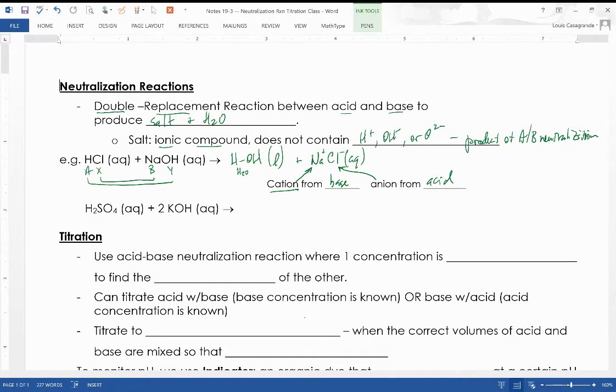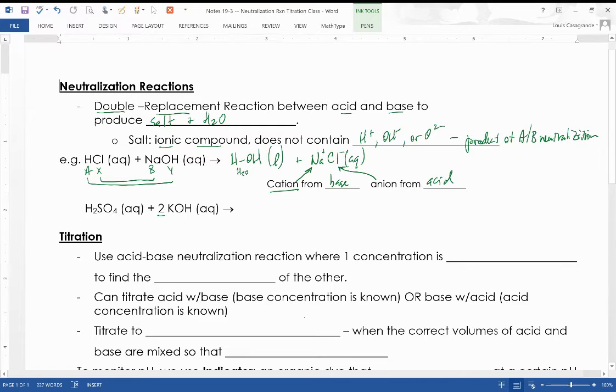Speaking of stoichiometry, we have another reaction, this time between sulfuric acid and potassium hydroxide. Now, I've already got the 2 in place there, which is going to tell you something about balancing this. When you balance these, and when you write these reactions, you always have to write the water.